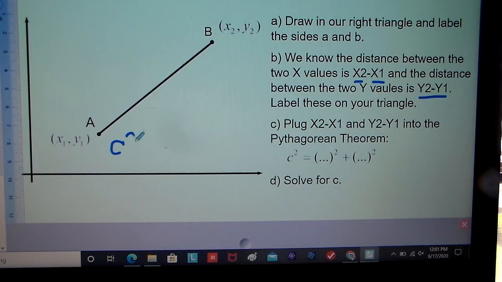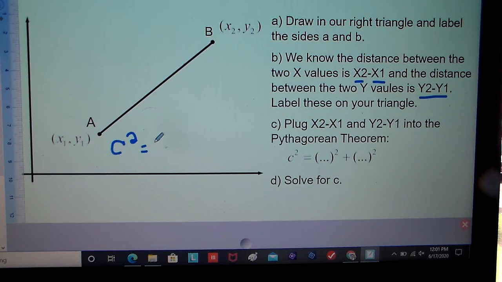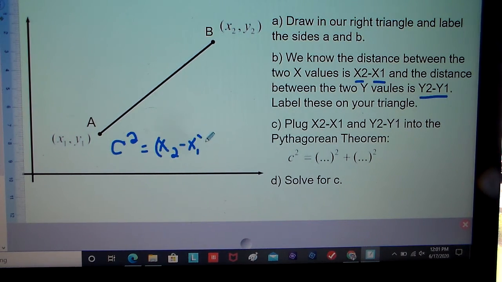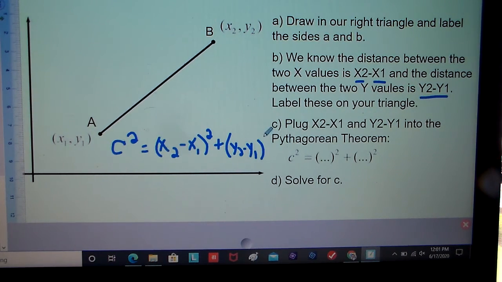You have c squared is equal to parentheses a squared, which is the x2 minus the x1 squared, then plus y2 minus the y1 squared.